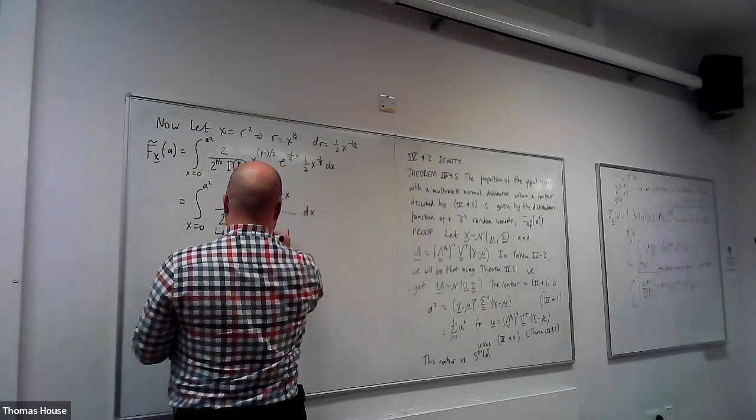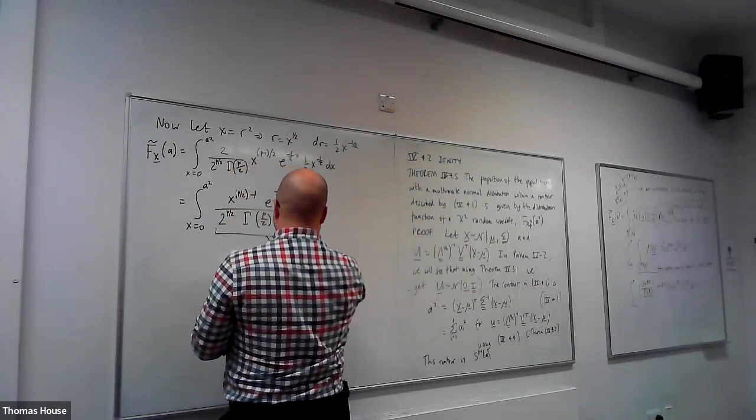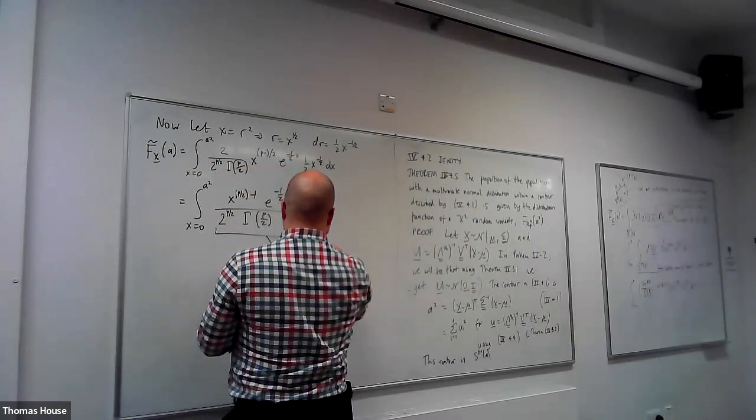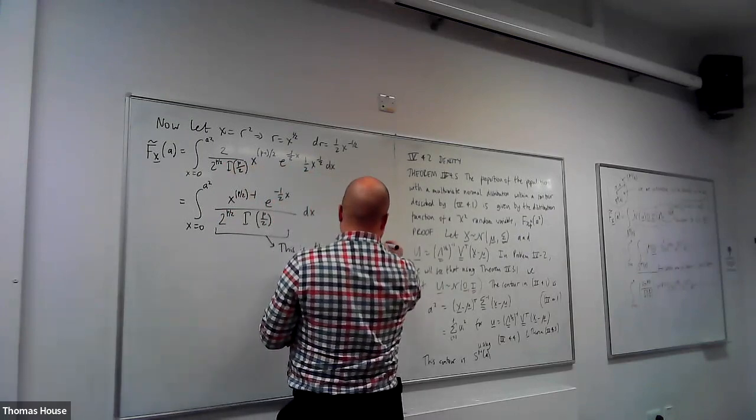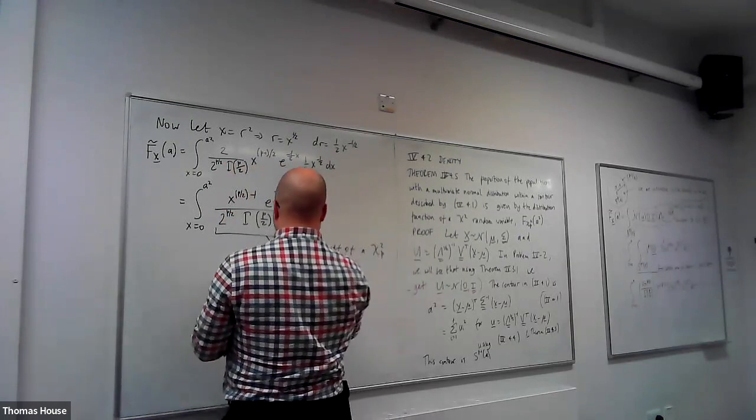Then this here, okay, this is the PDF of a chi-squared p random variable.